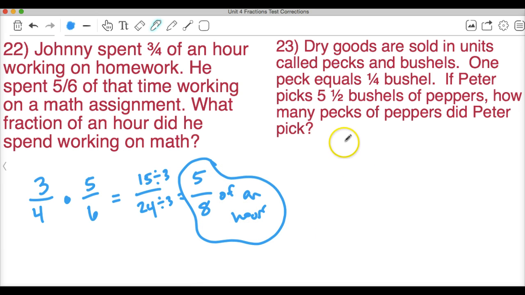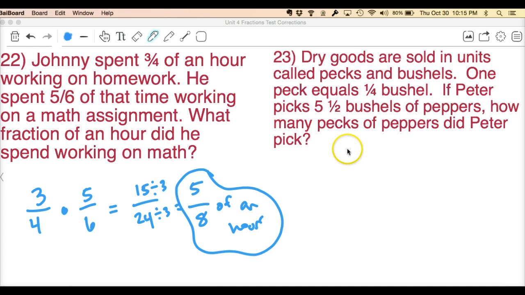All right, next one. Dry goods are sold in units called pecks and bushels. 1 peck equals 1/4 of a bushel. If Peter picks 5.5 bushels of peppers, how many pecks of peppers did Peter pick? All right, so for this one, since we have a total and I want to find how many groupings are in that, that's a division problem.